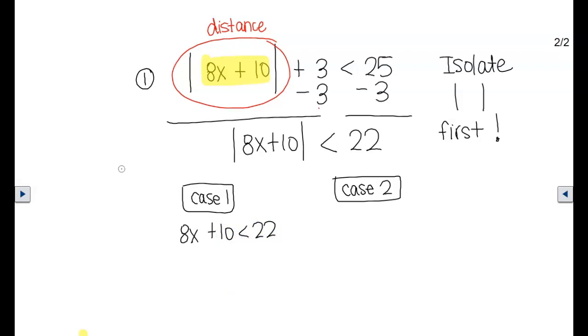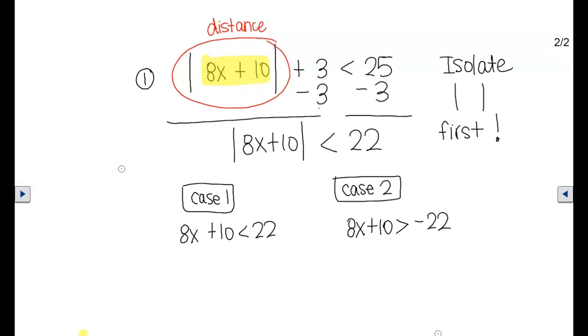Do remember to take the absolute value bars away. Case 2, I'm going to make 2 changes. I'm going to still start out with my 8x plus 10, but I'm going to flip the inequality sign and make it greater than, and make my 22 a negative 22. So there's my two cases.